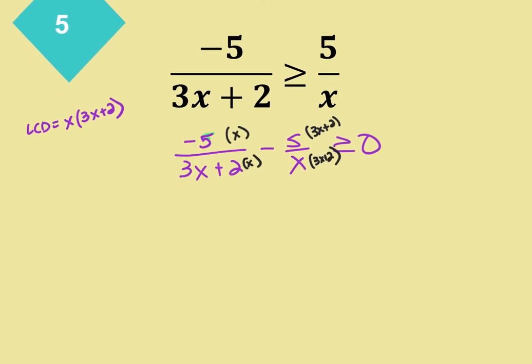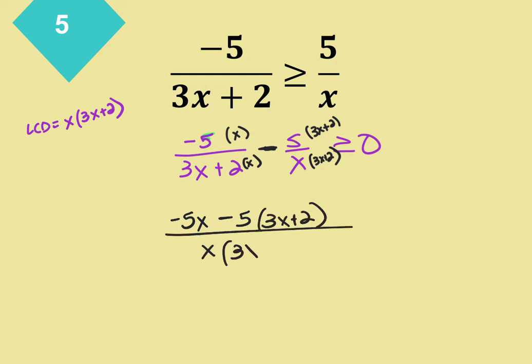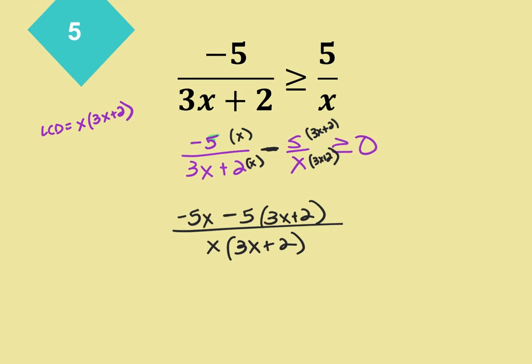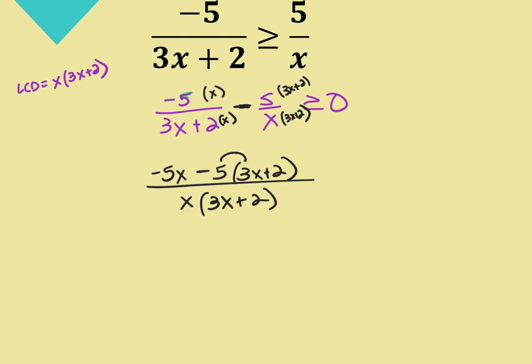So my left numerator becomes negative 5x. The minus comes from the middle, 5 times 3x plus 2. And that's all going over x times 3x plus 2. Now you do not need to distribute the bottom. So I wouldn't waste my time because I would just have to factor it again to solve. So keep it separate like that. In the numerator, I'm going to distribute the negative 5.